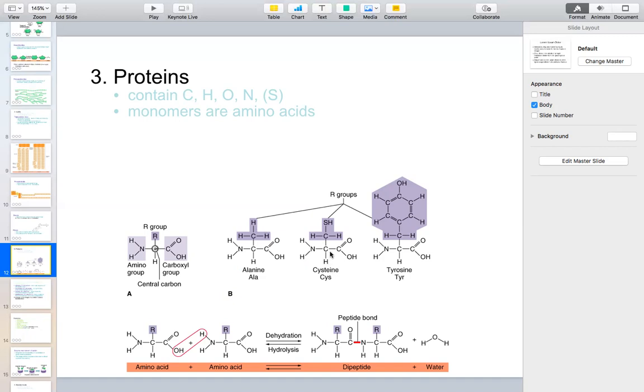The cysteine would have a carbon, hydrogen, and a sulfur and a hydrogen. Tyrosine, look how complex that is. It has a carbon plus this ring here of other carbon atoms and some hydrogen. So this is really complex. And so you can see what happens when you join these monomers together. You get slightly different structure because of these different R groups, and they cause the enzymes to have certain functions.